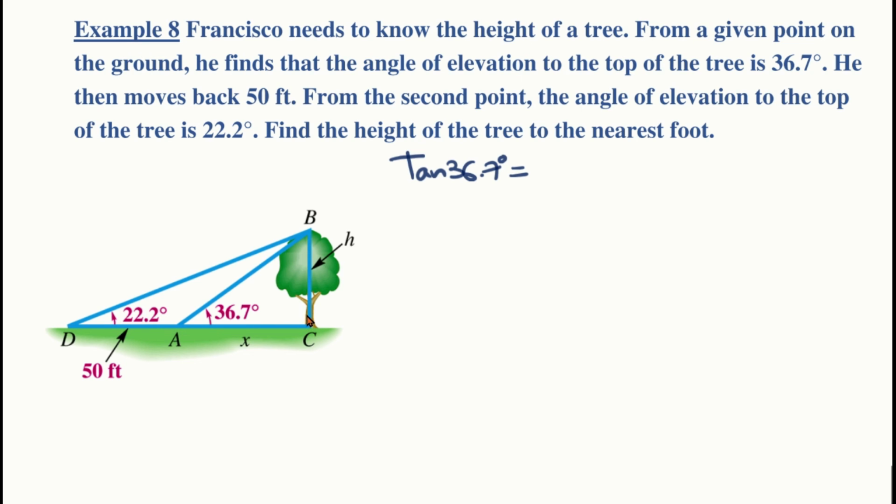Remember, this is a right triangle, so h over x, right? Which tells me if I cross multiply, h equals, remember, you can always put a 1 right there, h equals x times the tangent of 36.7 degrees.